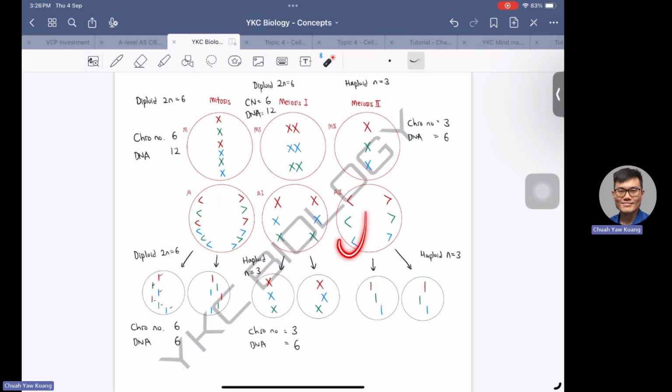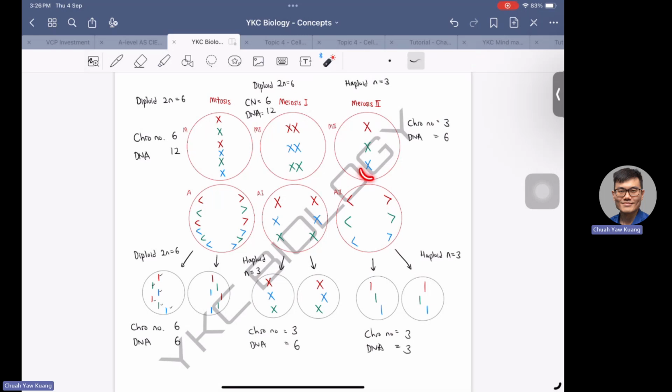Later, in anaphase 2, the sister chromatids will be separated. After telophase, these 3 chromosomes will go into the daughter cells. So in the daughter cell, the chromosome number will still be 3. Only the DNA content will be different, because there are only 3 DNA molecules here.